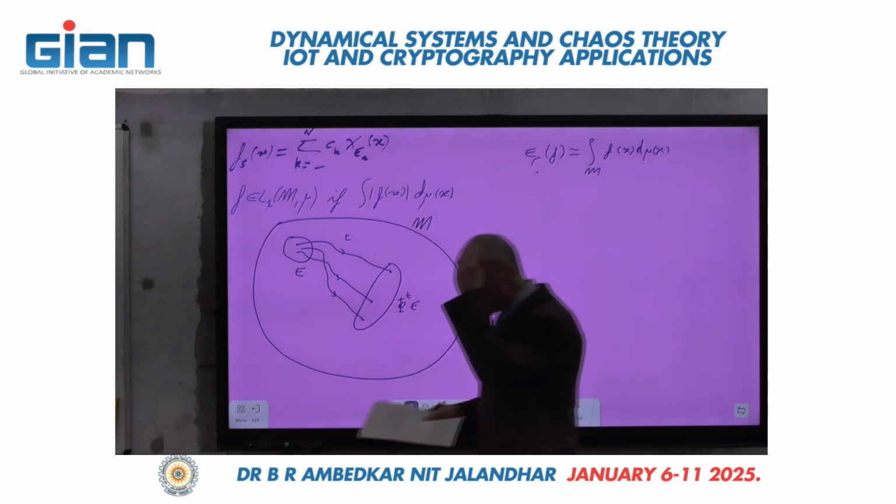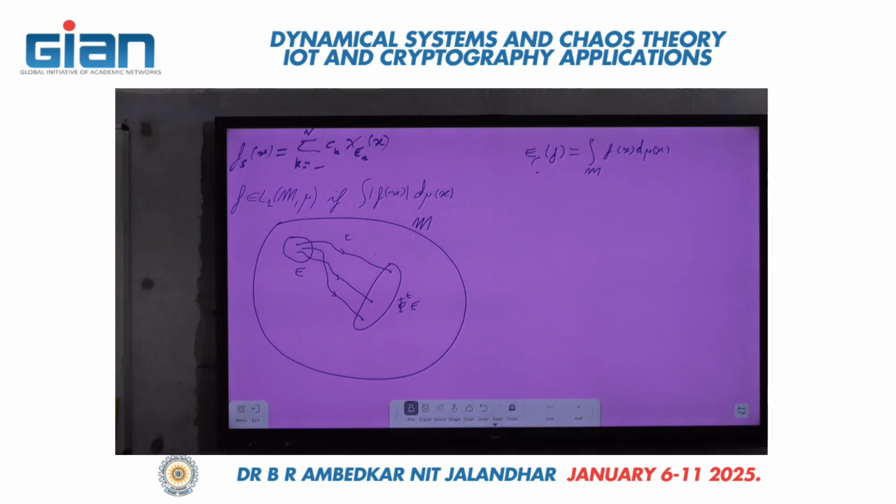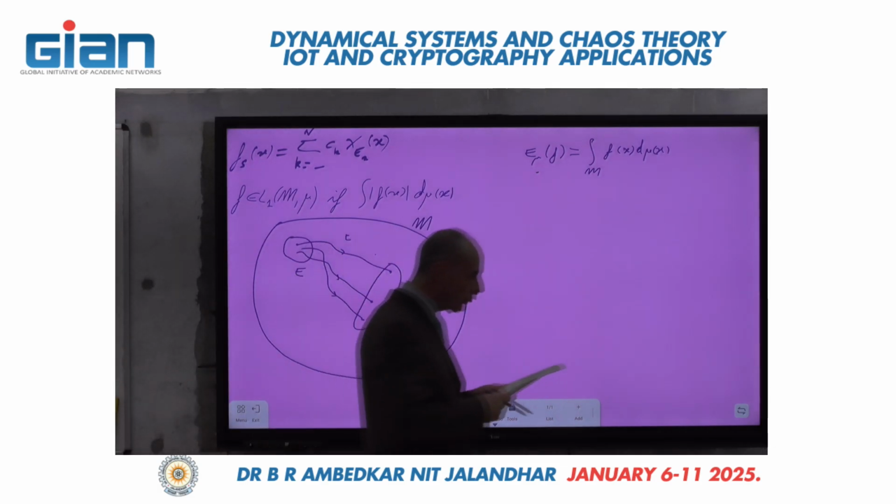So with this idea, we can define the evolution of a probability. How do we define it?